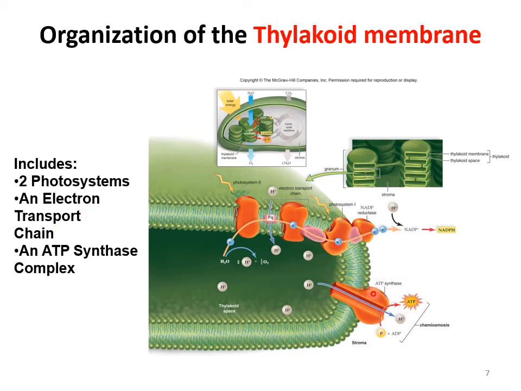Anytime you see that ATP synthase, chemiosmosis, I want you to always remind yourself what the creation of ATP means. Again, it's the addition of a phosphate group to ADP, which is adenosine diphosphate.